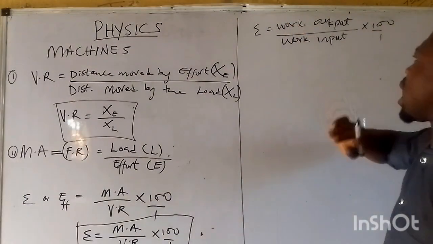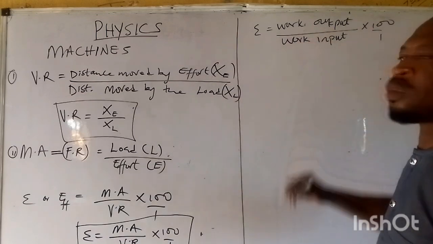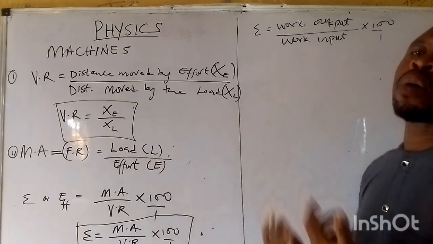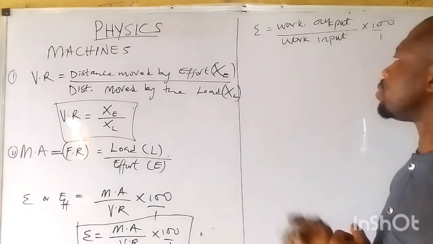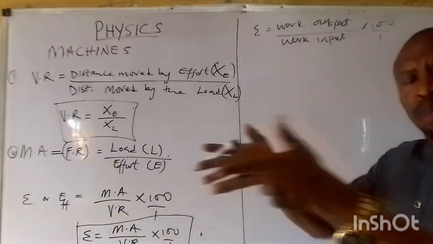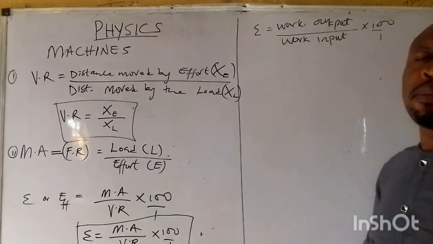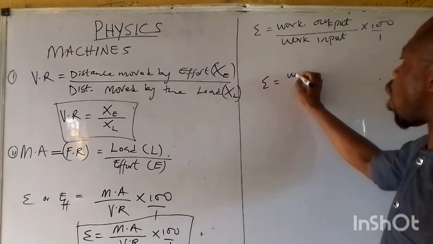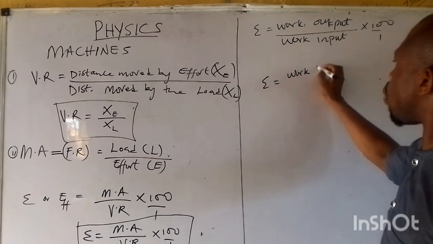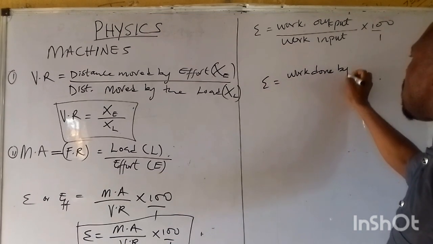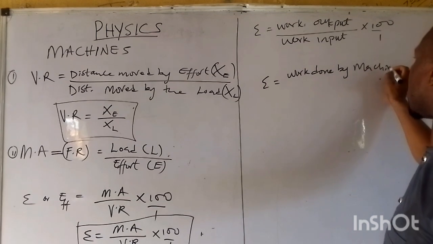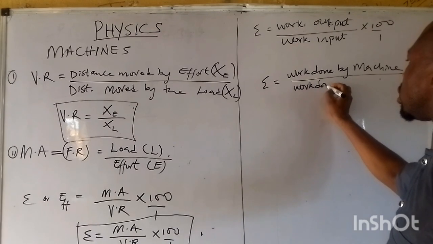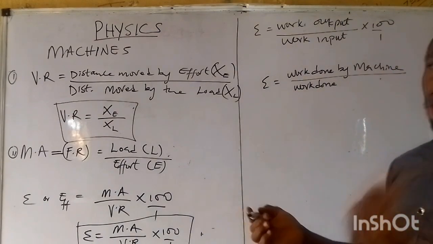The work output is the product, the outcome of the work done by a machine, while the work input is work put into the machine or work done by a person. So we can say that efficiency is work done by machine over work done on machine, or work done by person.